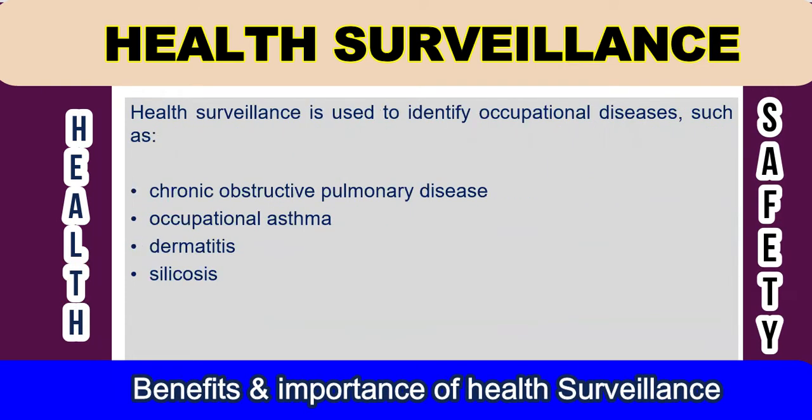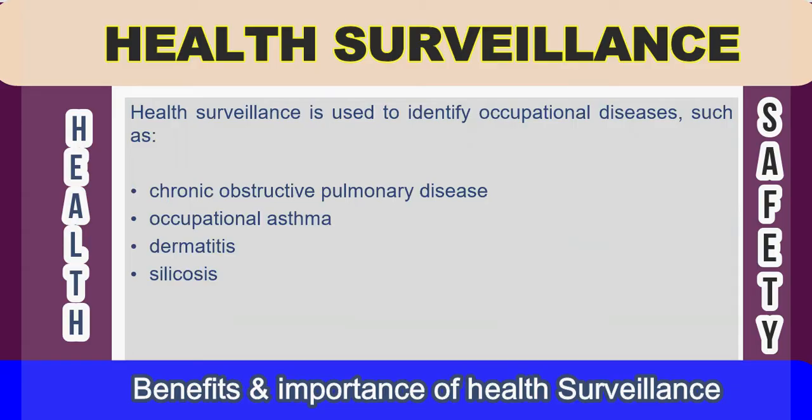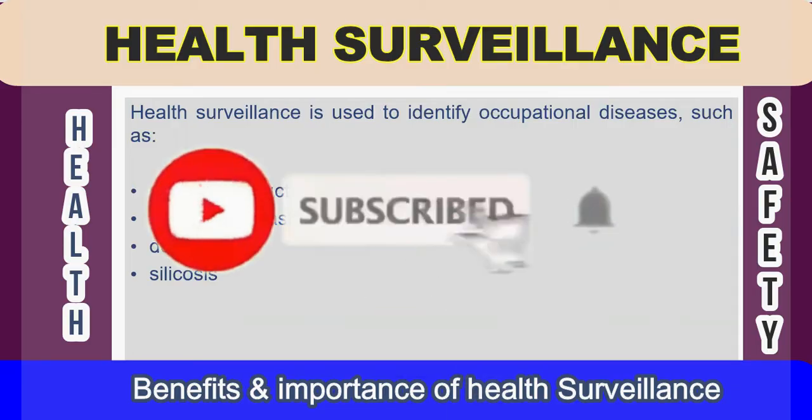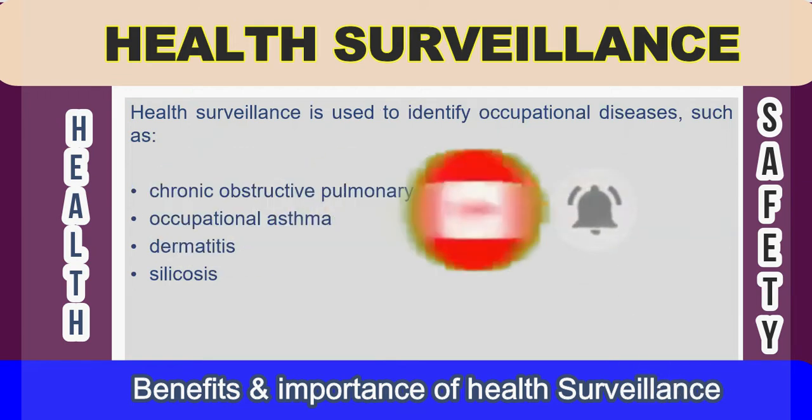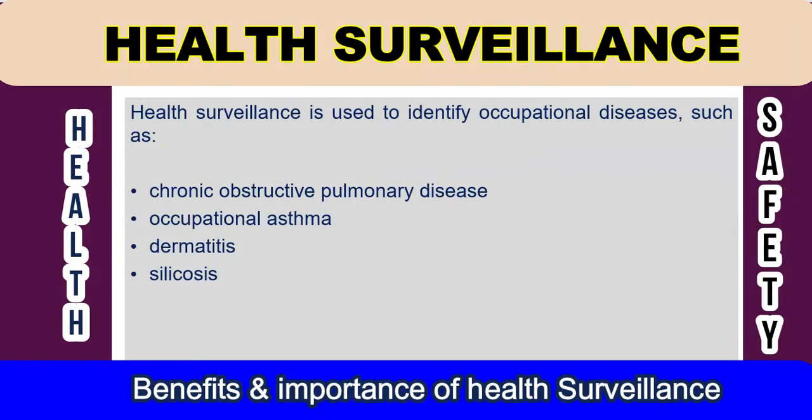You have to understand that health surveillance is used to identify occupational diseases such as chronic obstructive pulmonary disease, occupational asthma, dermatitis, and silicosis.